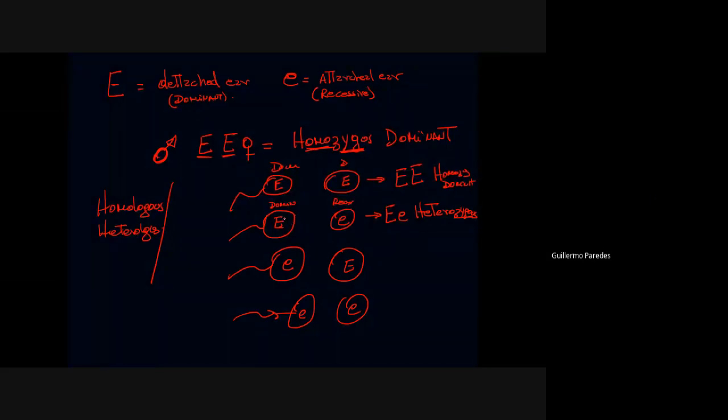This is the detached and this is the attached. They're different, that's why it's called different zygous. This is very important. Then we have again the recessive from the father and dominant from the mother. So that is E again, and that is heterozygous.